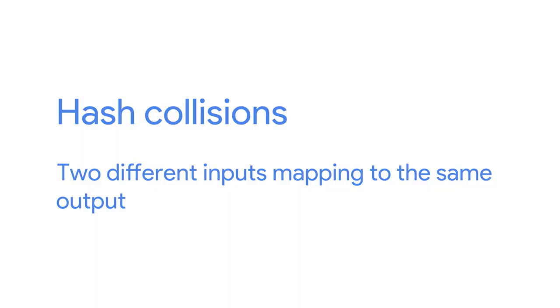Finally, the function should not allow for hash collisions, meaning two different inputs mapping to the same output. Cryptographic hash functions are very similar to symmetric key block ciphers in that they operate on blocks of data. In fact, many popular hash functions are actually based on modified block ciphers.